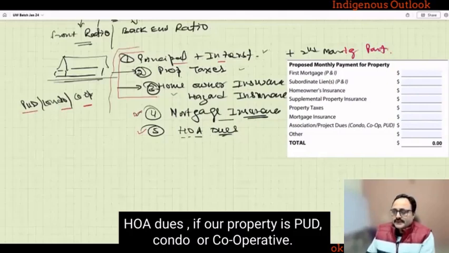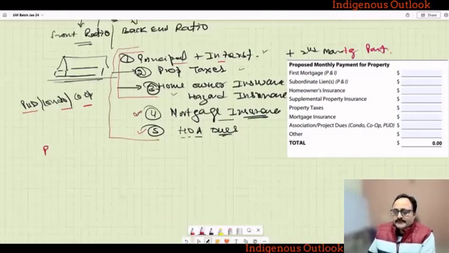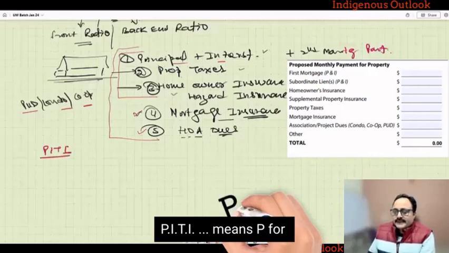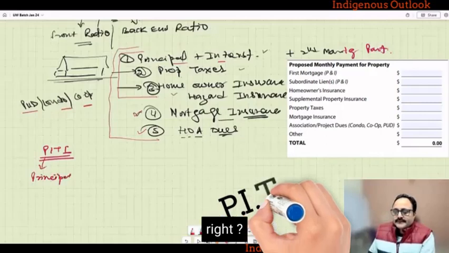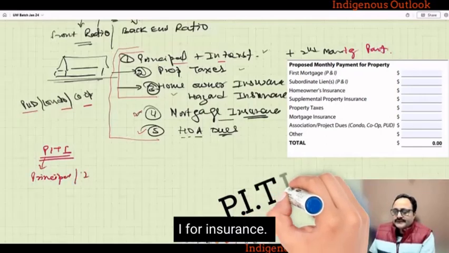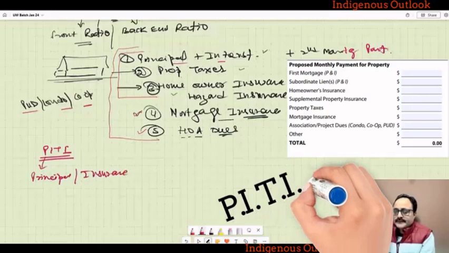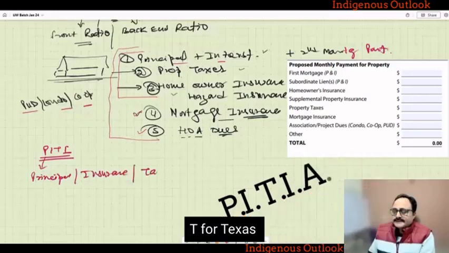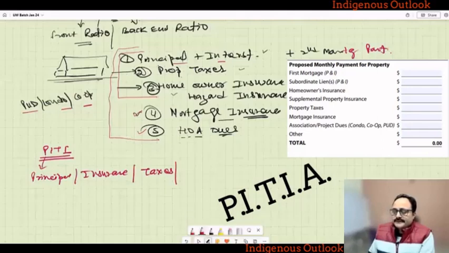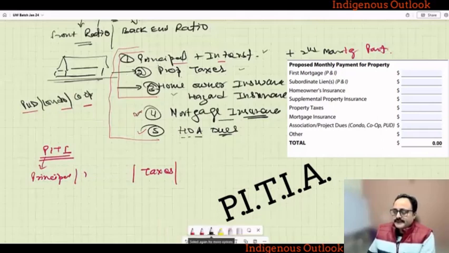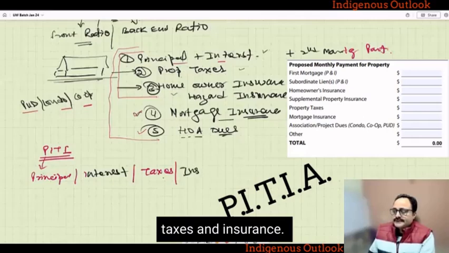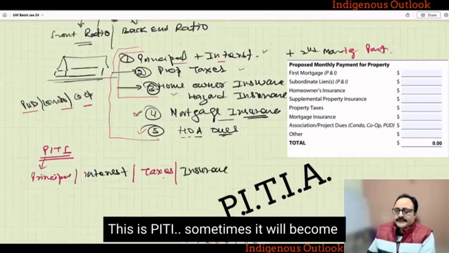This is what is called the short form PITI. PITI means P for principal, I for interest, T for taxes, and I for insurance.